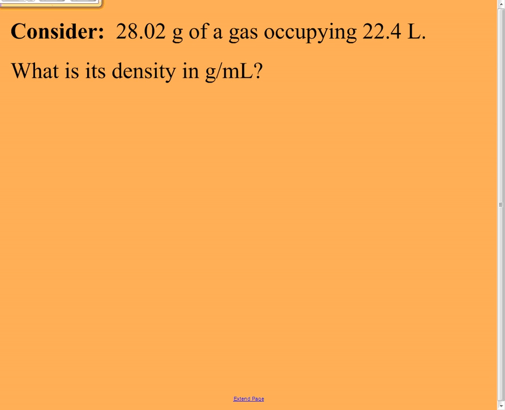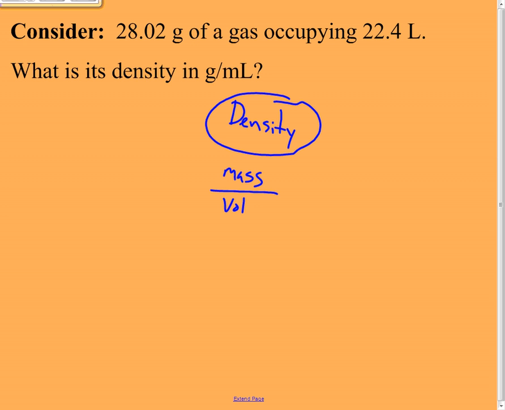So let us take a few moments and talk about density because it's especially important to us. So here we have our density, and what is density? Density is really mass of a substance divided by the volume. So density equals mass divided by volume.